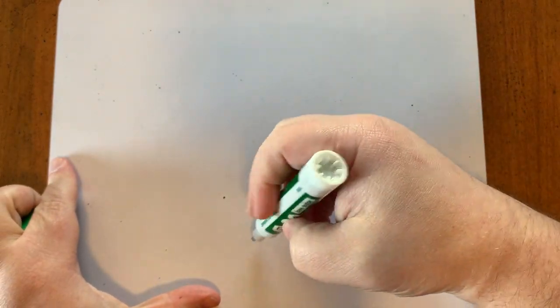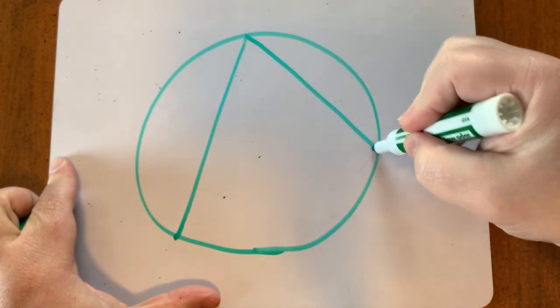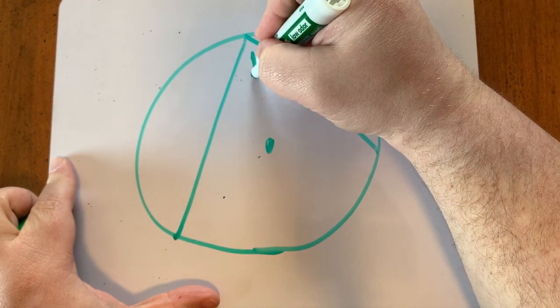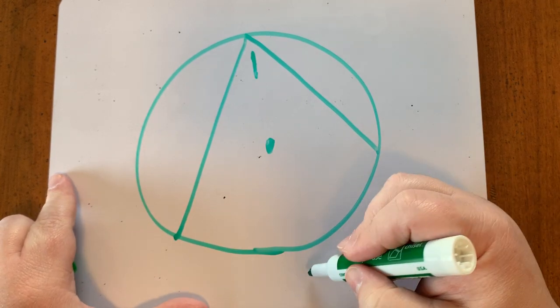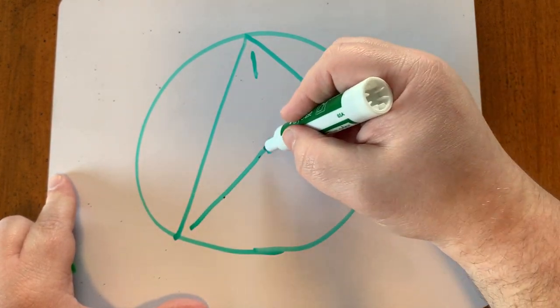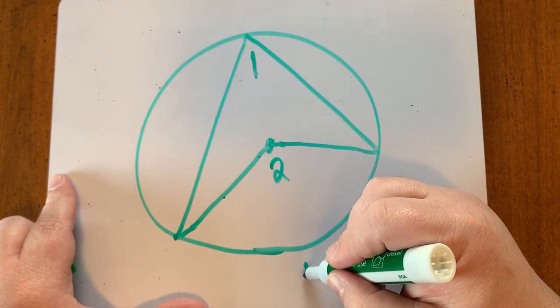The next case is when the center is interior to our inscribed angle. So that's angle 1. And this would be angle 2.